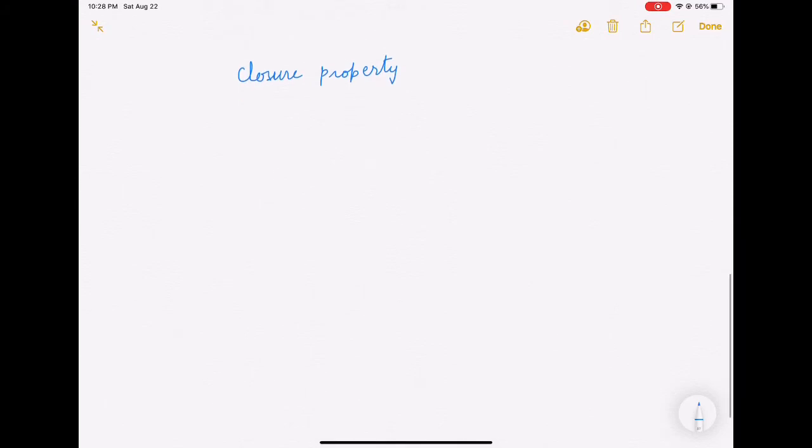Closure property means if A belongs to G and B belongs to G, it implies A operation B belongs to G. And this property is for every element that belongs to G, not only for some.